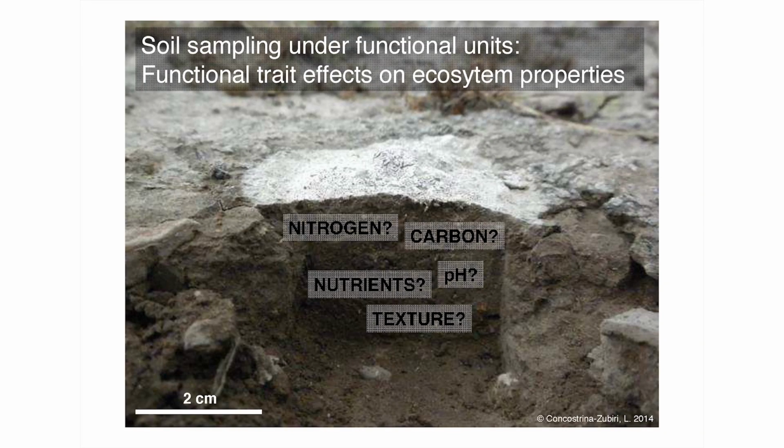So here, maybe you can see the silhouette of a lichen. And here, under this lichen, we are going to have some soil properties that are changing because of the presence of this lichen. As I told you before, there are some traits that may modify the nitrogen and carbon proportions, the pH, the nutrients that are here, the texture maybe.